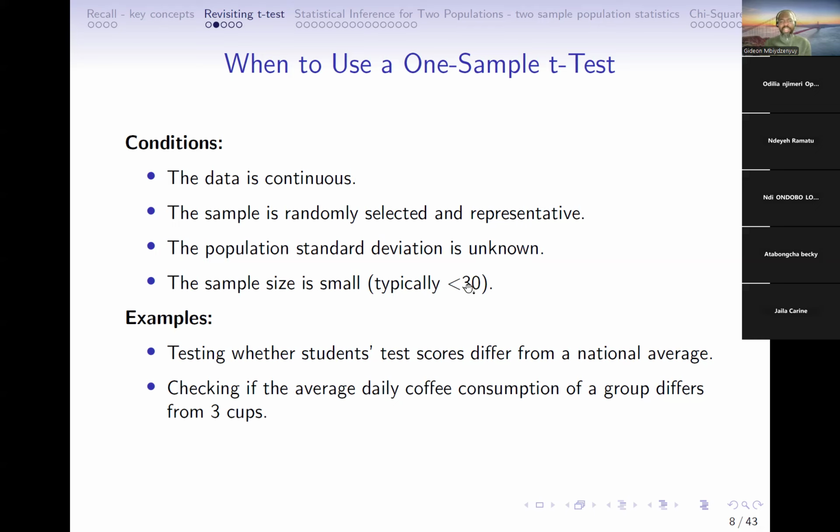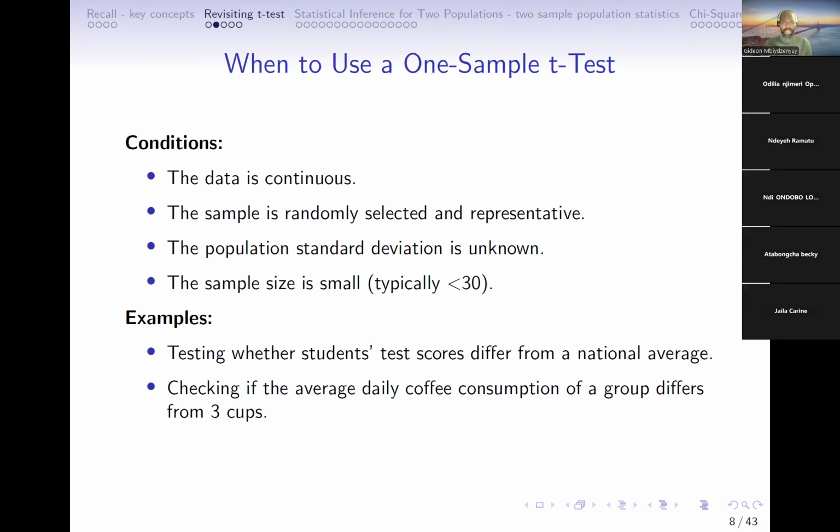And finally, you have a sample that is small, typically less than 30. So without being able to verify whether your data is normally distributed, you can at least check these conditions. And if you check these conditions, you can use them to determine whether you should do the t-test or not.